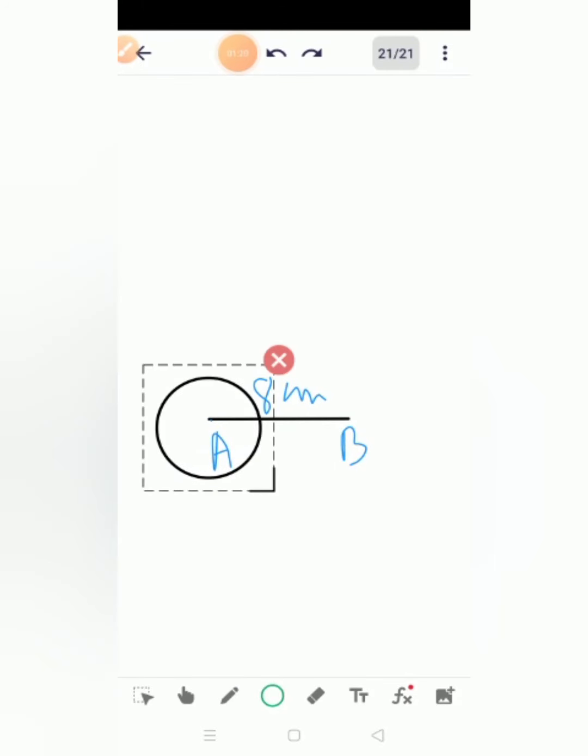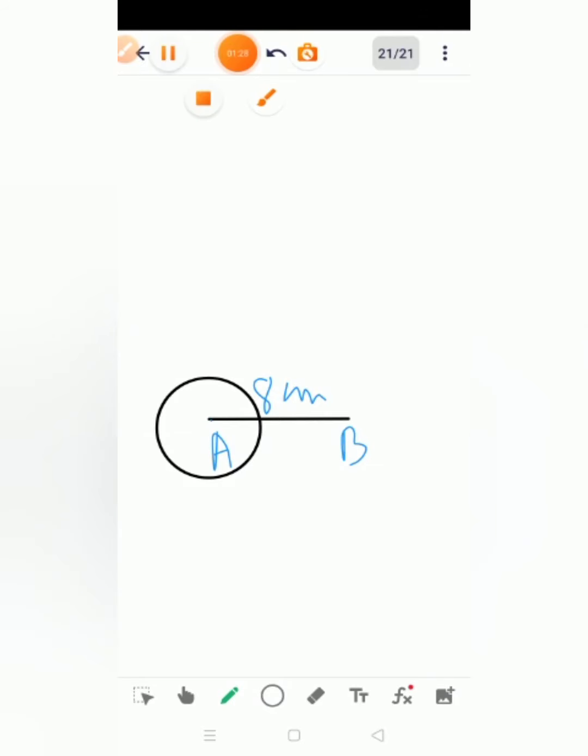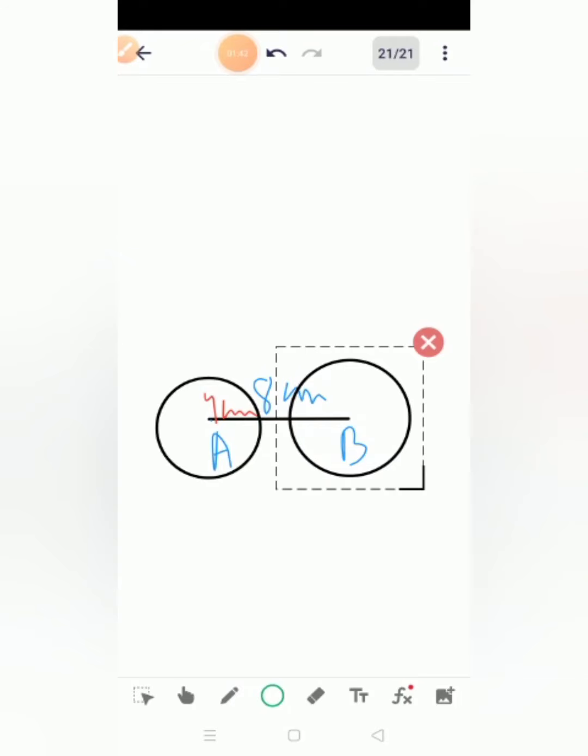This is the circle. The radius of this circle is 4 centimeter. And taking B as center, you draw another circle, and its radius should be 3 centimeter.